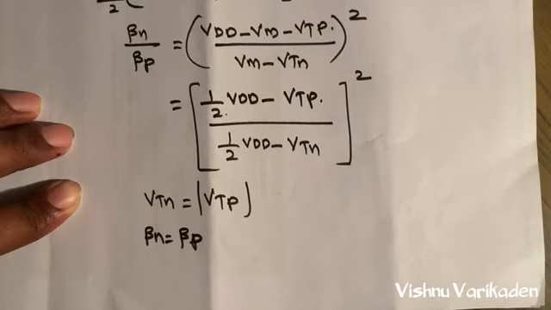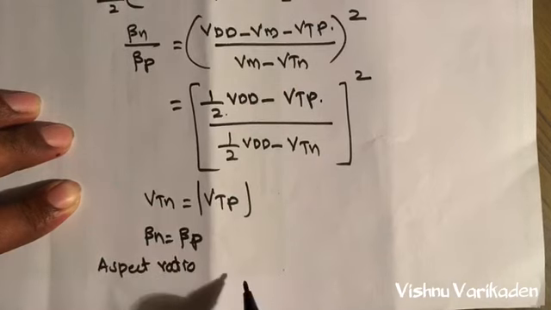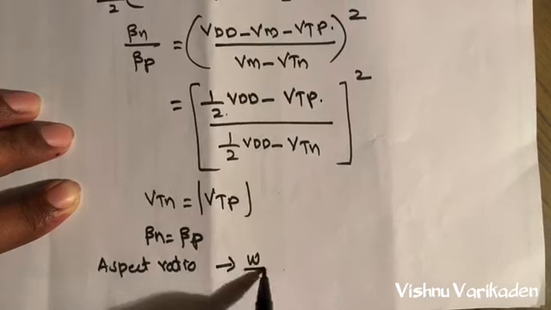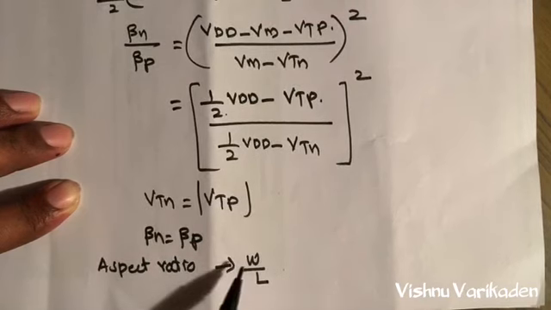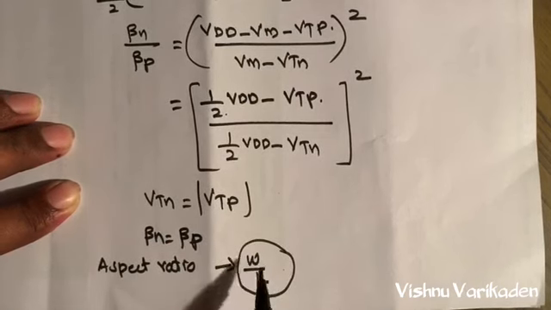It is important that beta is proportional to the aspect ratio. The aspect ratio is W by L, where W is the channel width and L is the channel length of a MOSFET. Also note that this W by L is the variable parameter in the actual or physical design.